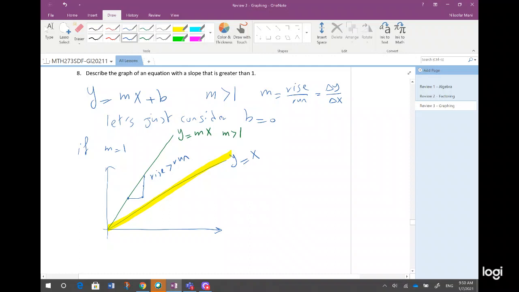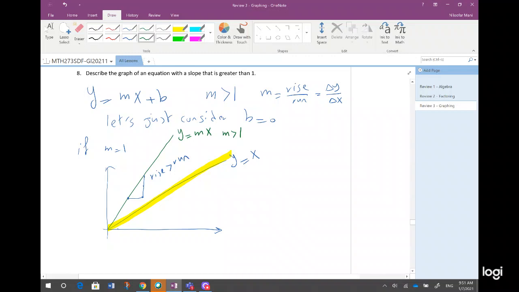How about if I have m less than 1? If m is less than 1, it means run is more than rise. So when I go, for example, 2 to the right, I go just 1 up. When I go more to the right, I go less up. So what I go to the right is more than what I go up.